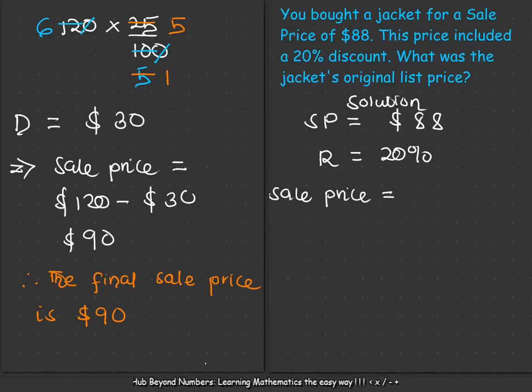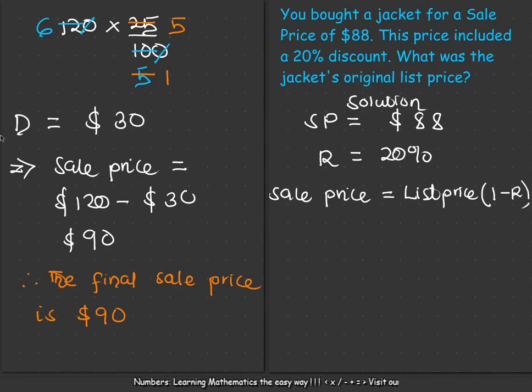We said in our introductory video that the original price is also known as the marked price. So it is equal to the list price, then into bracket 1 minus R.